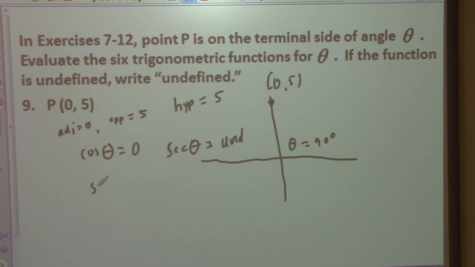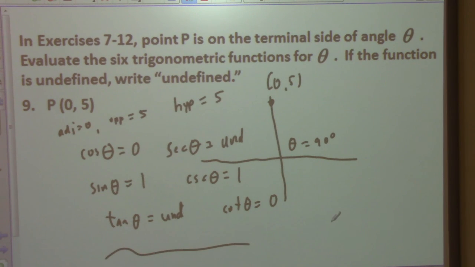And then your sine theta is going to be opposite over hypotenuse, 5 over 5, which is 1, and your cosecant, which is a reciprocal, 5 over 5, is also going to be 1. And your tangent theta is going to be rise over run, which is 5 divided by 0, undefined, and cotangent is going to be 0 over 5 or 0. So that's 9 worked out.